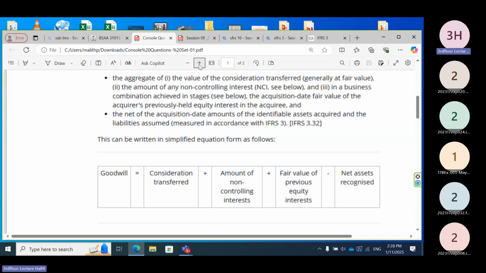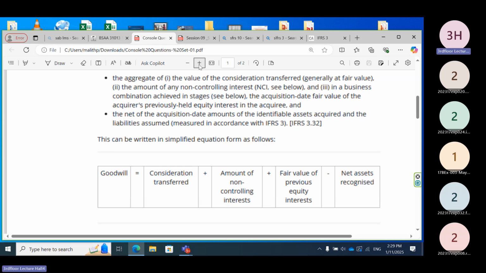After having the 60%, you are having 80% ownership. To have the 80% ownership, what's the consideration? 20 million plus 5 million, 25 million. You are getting the 80% ownership.